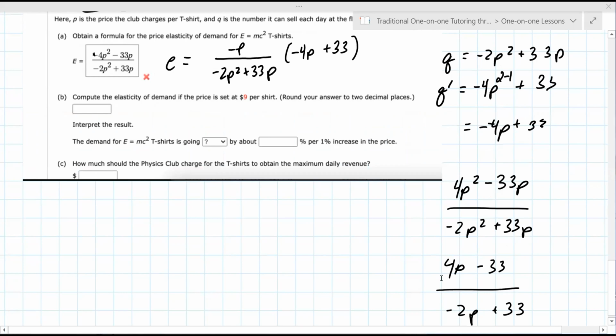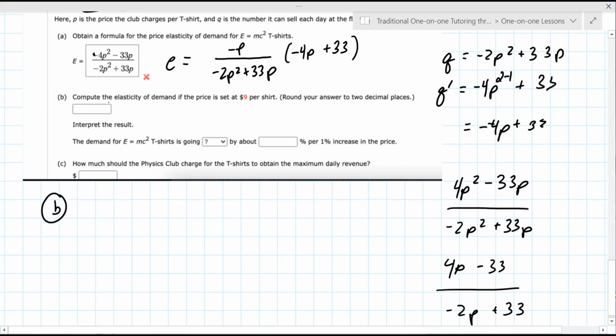So I put in 4P minus 33 over 2P plus 33. It should be negative 2P there on the bottom. Oh, okay. That's why. As you know, even one little thing, WebAssign says, nope, you're completely wrong. Okay, yes, that's correct. Great.